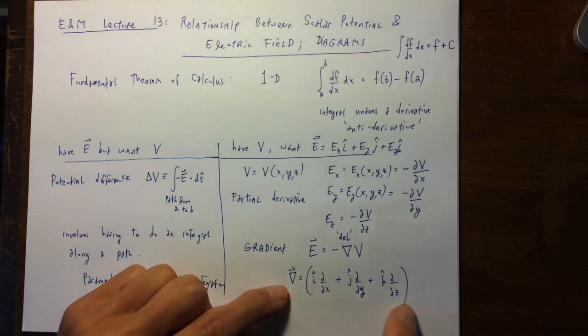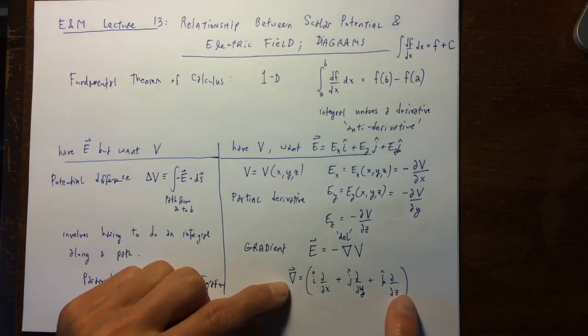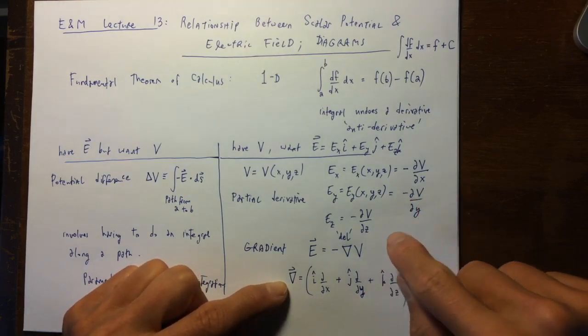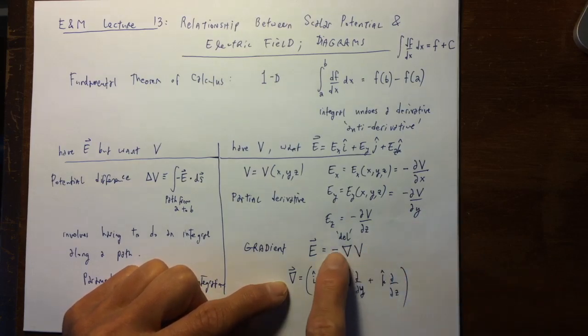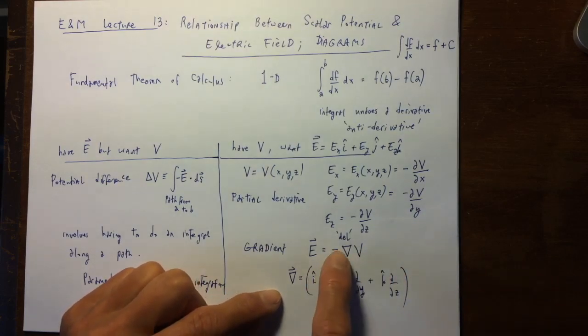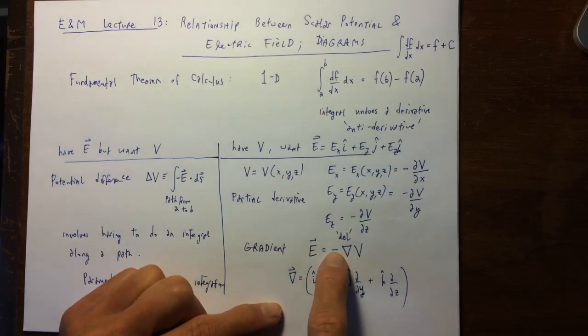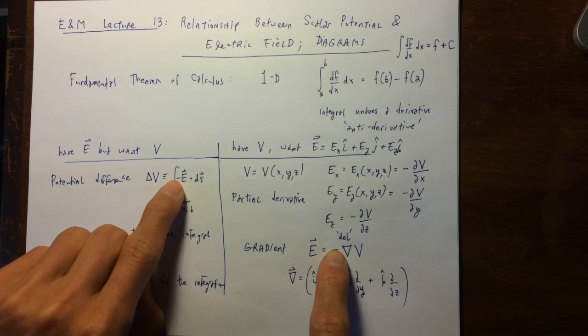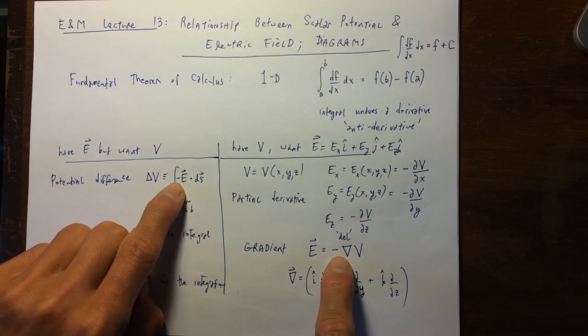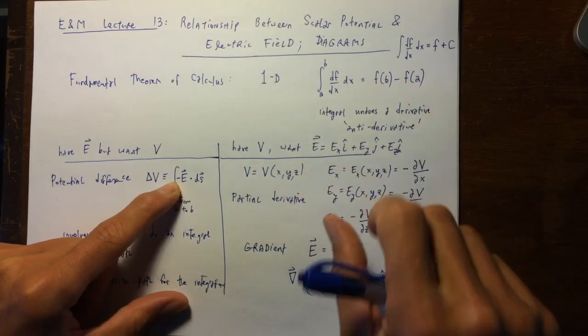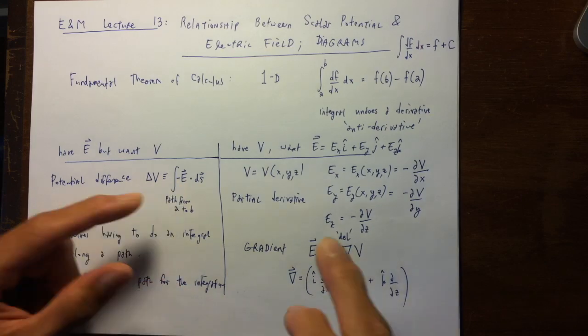And so you can kind of see how this works. This gradient acts on V, and then we tack on an extra minus sign. That's not part of the gradient. The gradient's all pluses. But we put on this minus sign, and actually these are the same minus sign right here. So it's the fundamental theorem of calculus with a minus sign.